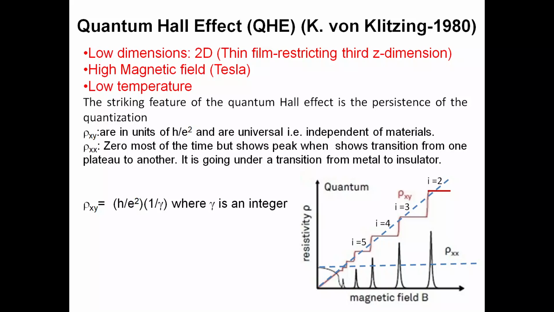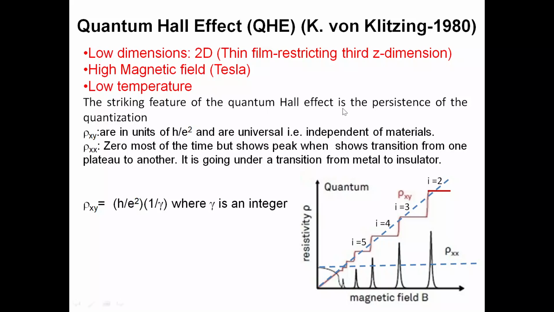So the motion of the carriers, in the case of metals the electron gas, is restricted in the z direction. So we have only the xy motion. And of course, we need a very high field to observe this effect and at very low temperature. So this effect is actually observed at low temperature.